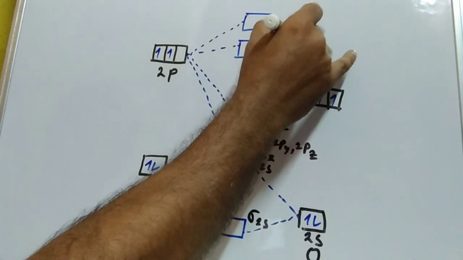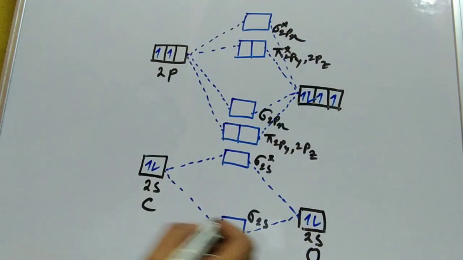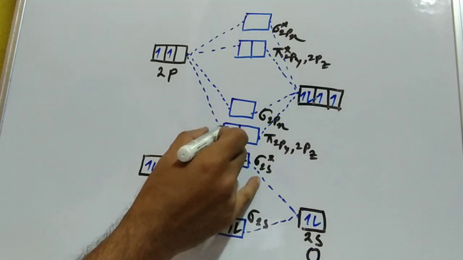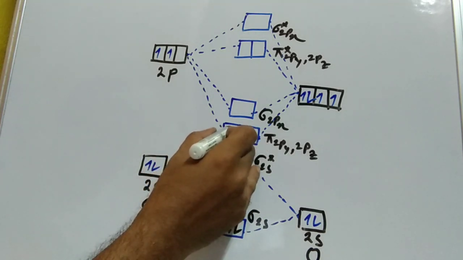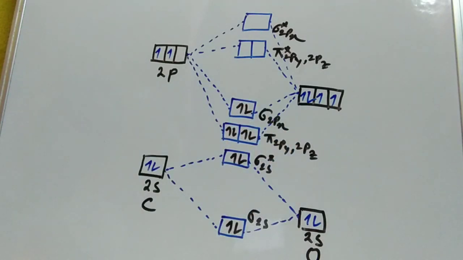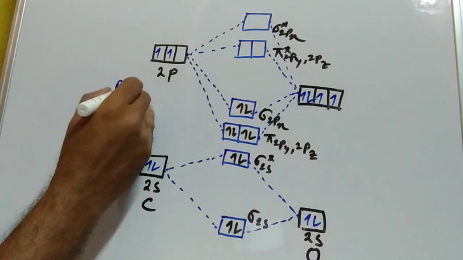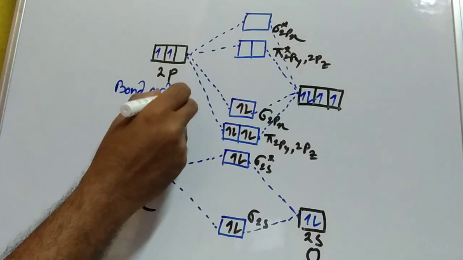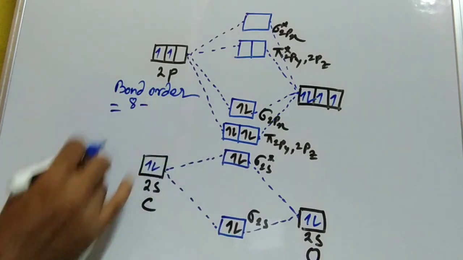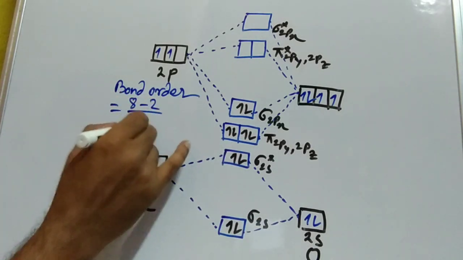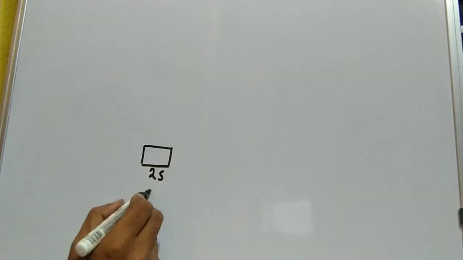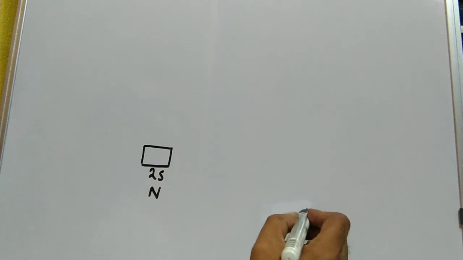The most likely explanation of the bond shortening when carbon monoxide is changed to CO plus is that the sigma 2s and sigma star 2s molecular orbitals differ in energy more than is shown in the diagram. This means that they are wider apart, and the sigma star 2s MO is higher in energy than the sigma 2px, pi 2py and pi 2pz molecular orbitals.